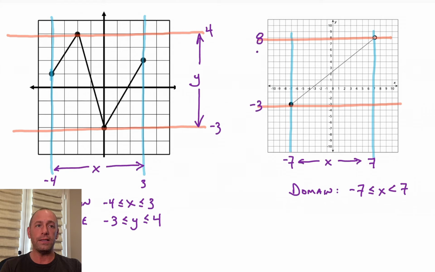But on the high side, it will never equal 8. So the range will exist between -3 and 8. It can equal -3, but it won't equal 8. And here's how we'll write it: -3 is less than or equal to y, which is less than 8.